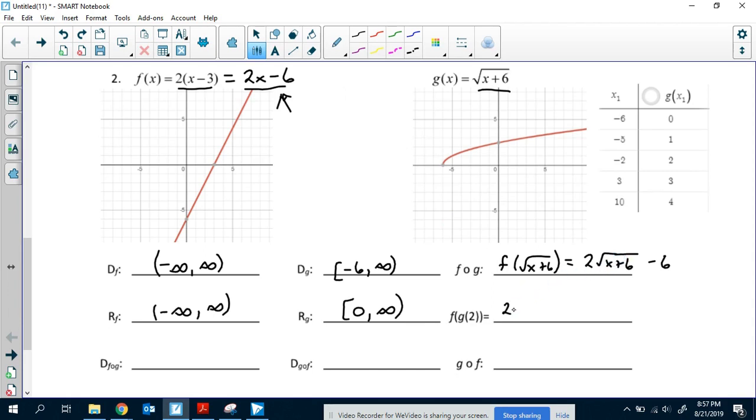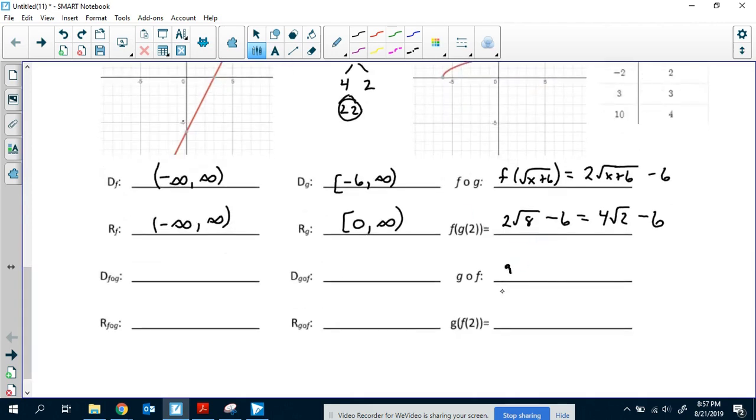I get 2 times the square root of 8 minus 6. For those of you that remember how to simplify square roots from geometry, the square root of 8 is the same thing as 2 times the square root of 2. So I can rewrite this as 4 square root of 2 minus 6.